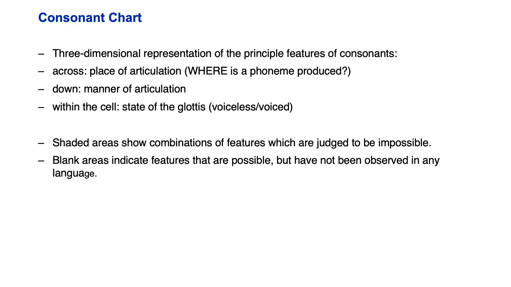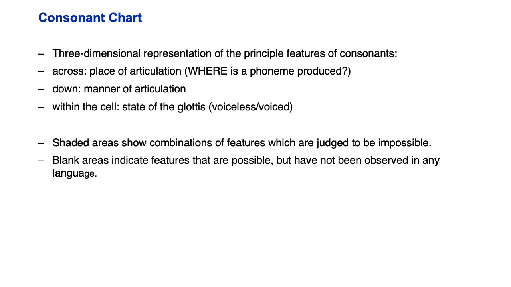So when you want to know more about the pronunciation and also the IPA rendering of English phonemes, you search for the place of articulation, you look for the manner of articulation, and within the cell, what the state of the glottis is, whether it's voiceless or voiced.